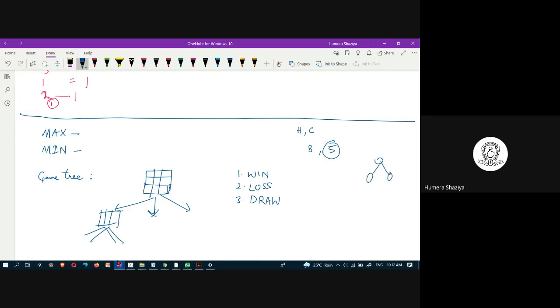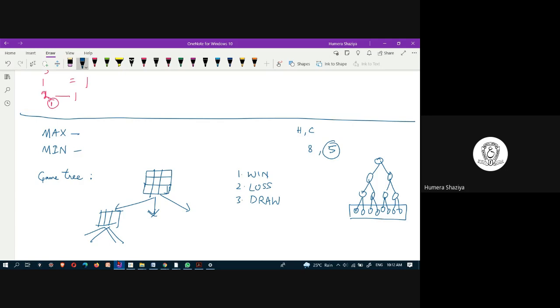If this is the game tree, the last layer are the terminal nodes and all the others are non-terminal nodes. There are two cases to consider here.